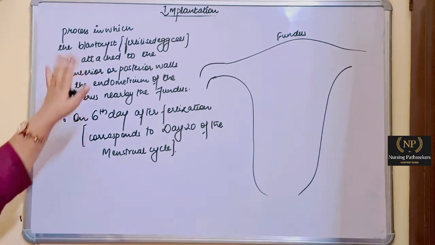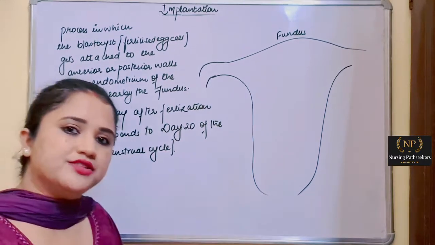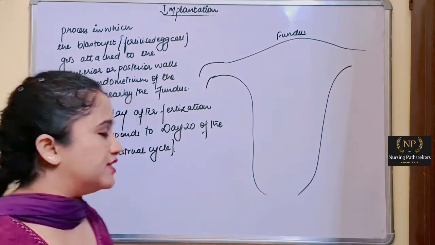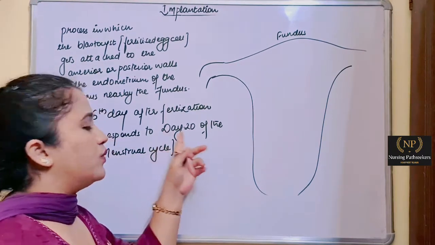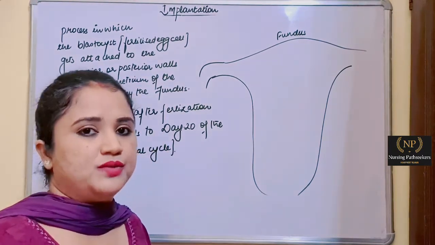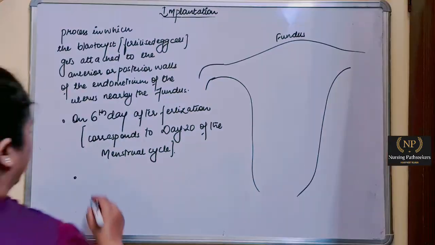So implantation takes place on the 6th day post fertilization, which is similar to the 20th day of the last menstrual period. So this is the overview of implantation.